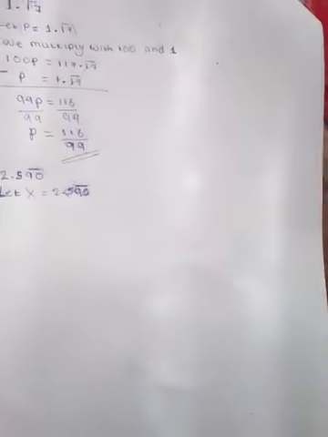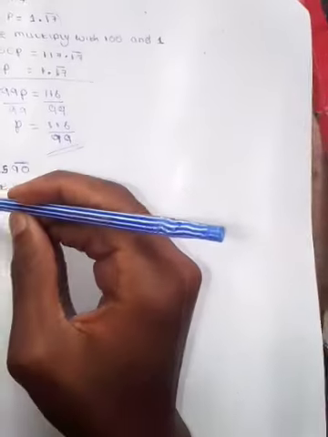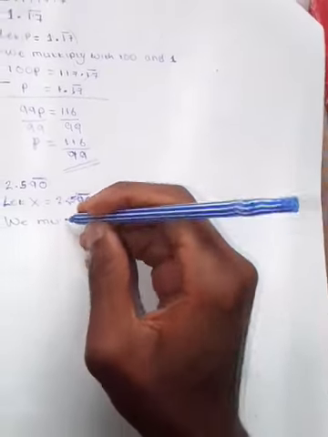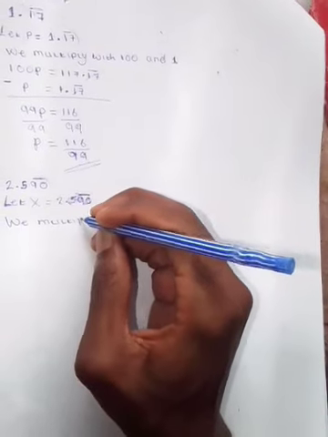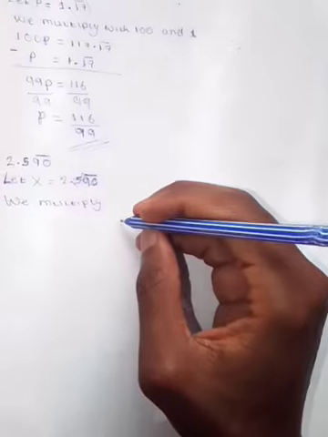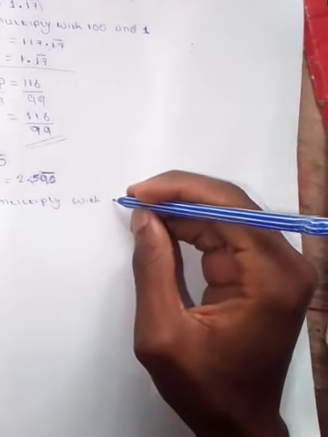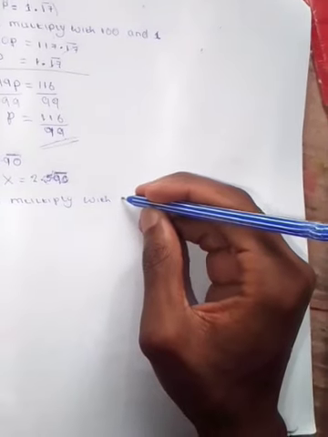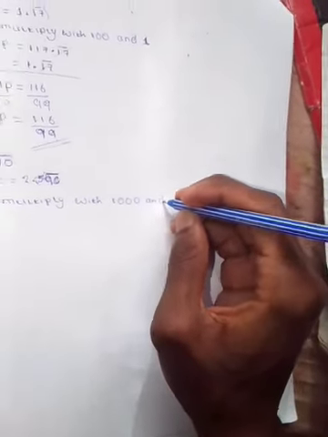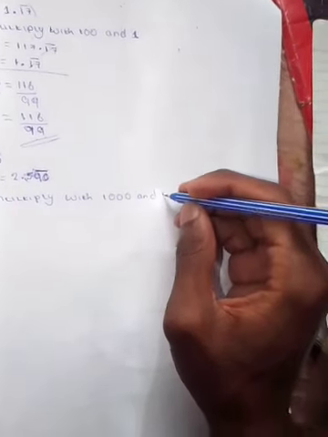So now let's multiply. Okay, so let's go ahead. We multiply by 1000, and then secondly we're going to multiply with a 10 to eliminate this 5 here.